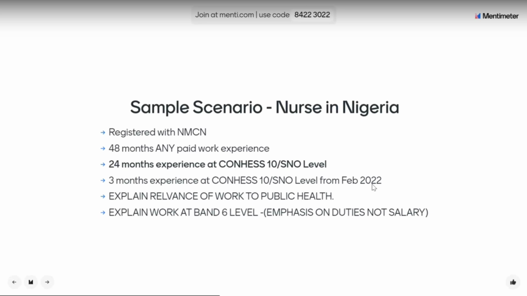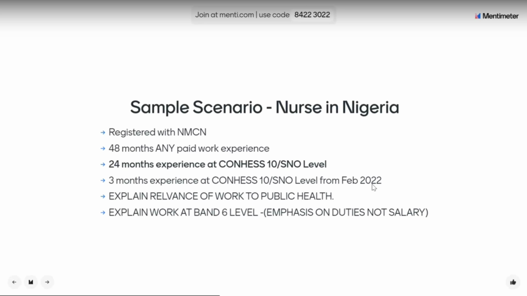And I've put in caps here again, you need to explain the relevance of your work to public health. For example, this person is a nurse in maybe a pediatrics department. You need to be able to say things like, in your work as an SNO in the pediatrics department, you were involved in health education, giving parents information about immunization, giving parents information about breastfeeding.